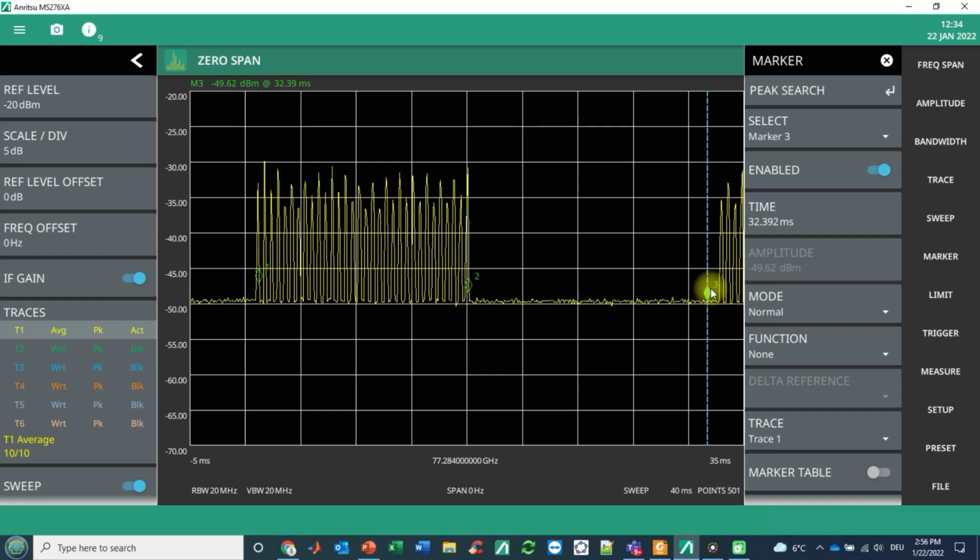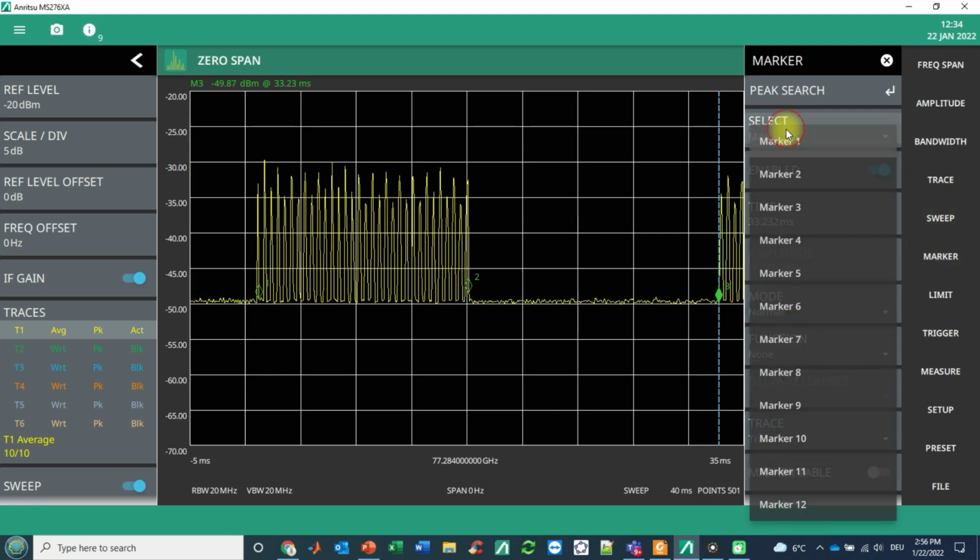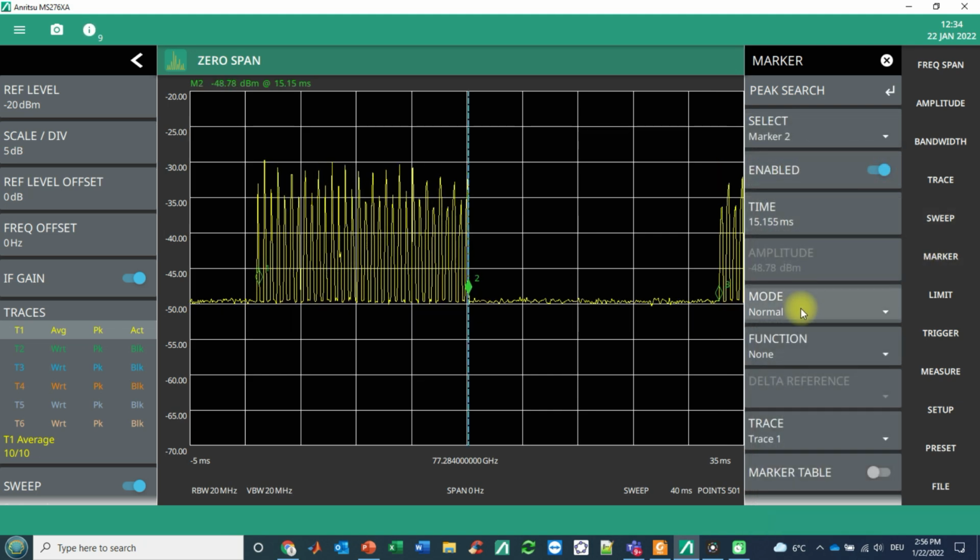And this is the essential figure that we have to use later on in order to do some channel power measurements on the radar itself. So we are getting here 33 milliseconds. Now let's apply some delta marker settings here.